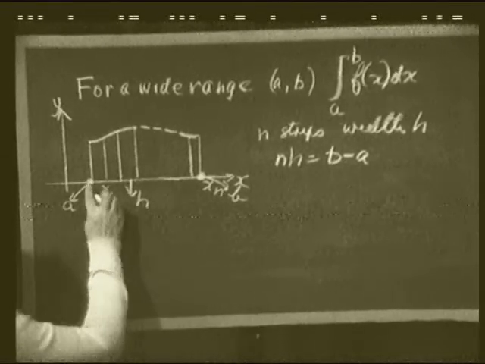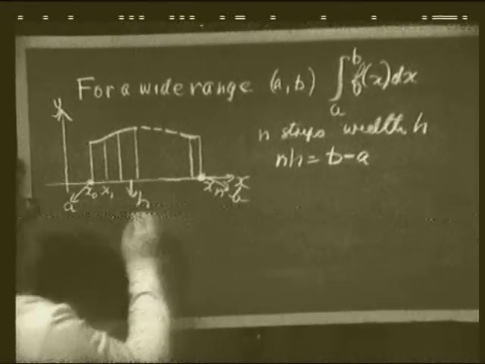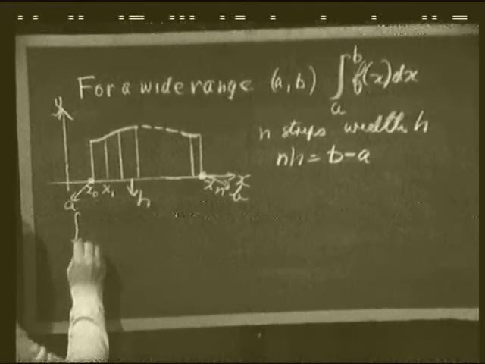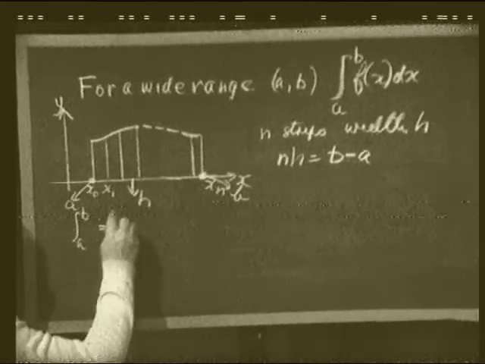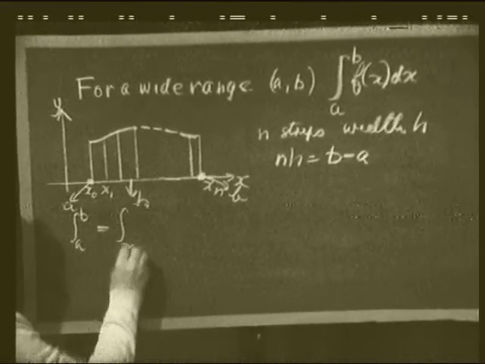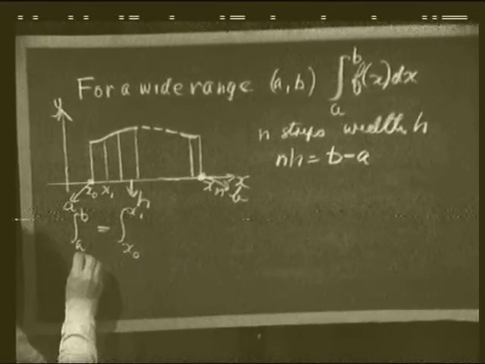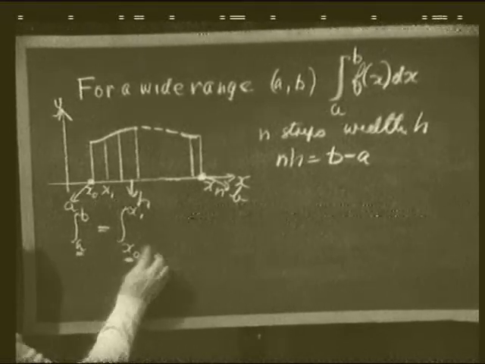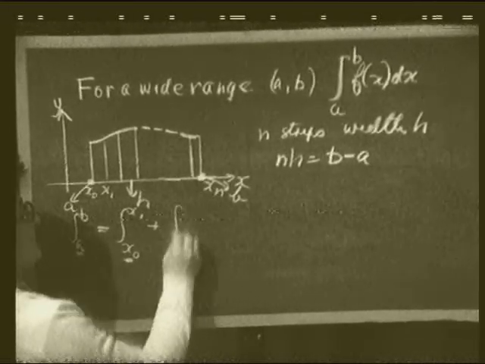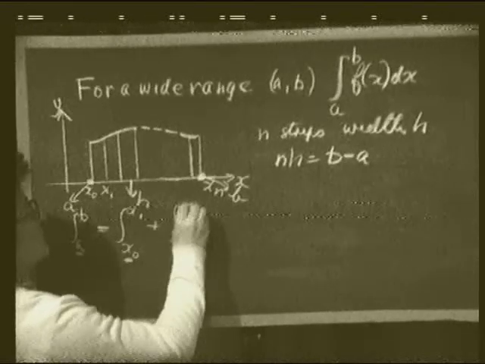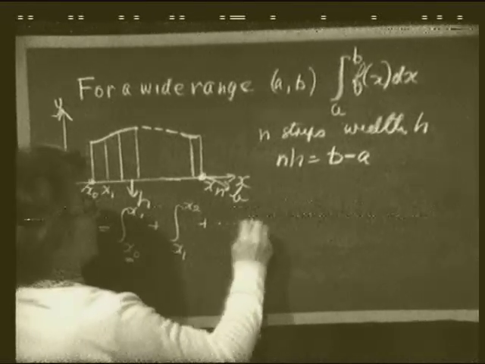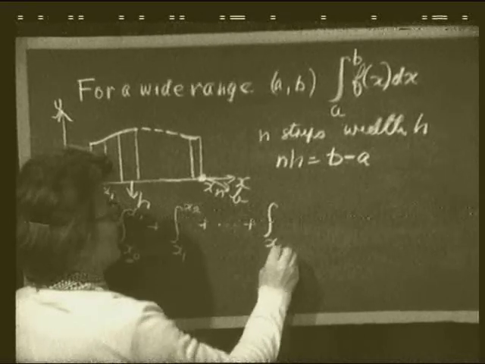Now the total integral from a to b, we split this up into the integral from x0 to x1, remembering that a is the same as x0, plus the integral from x1 to x2, plus, and all of them until we get up to the last one.